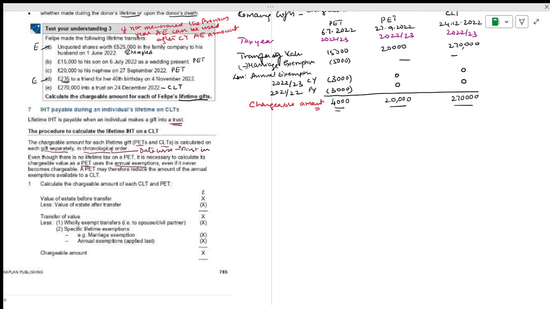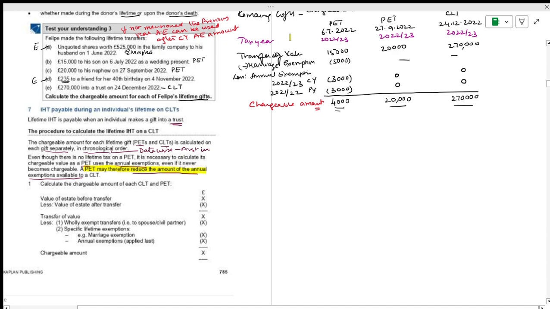A potential exempt transfer may therefore reduce the amount of annual exemptions available. Keep it in mind. The moment we apply the rule, it will be clearer for us.